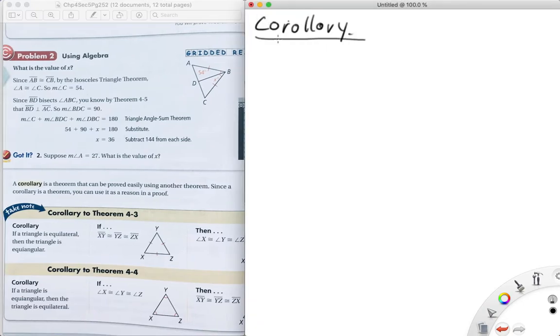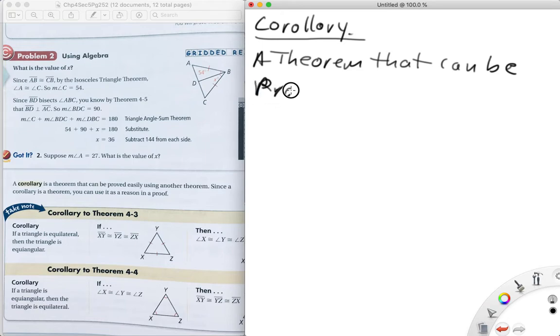I call it like an additive. So it's a theorem. It's like an add-on theorem to our original theorem that can be proven easily. I don't know, how easily is subjective, from using another theorem.